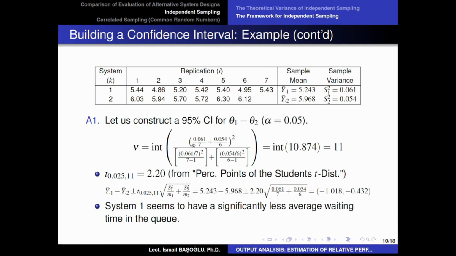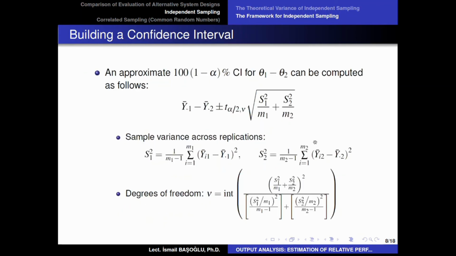But if the values are large, again, it doesn't matter, because when the degrees of freedom goes to infinity, if you remember, the t quantiles converge to z quantiles anyway. It is therefore that in the statistics course, you have learned about this as M1 plus M2 minus 2. But actually, the true degrees of freedom that I need to use should be calculated like this, according to the theory.